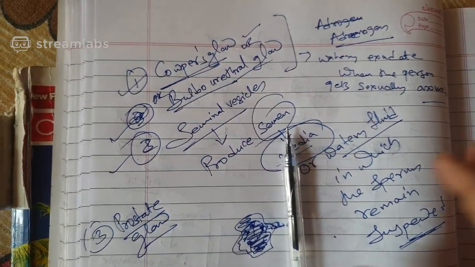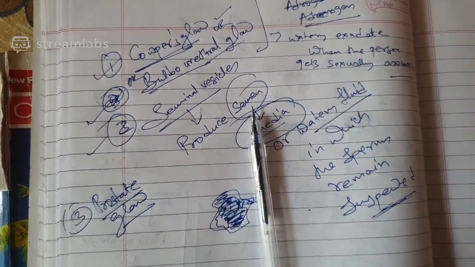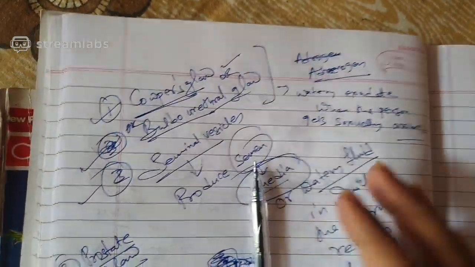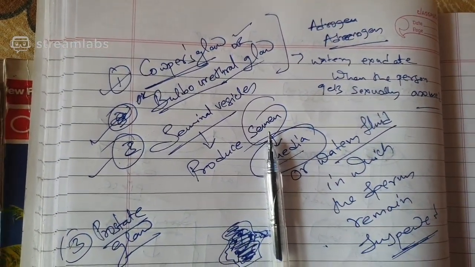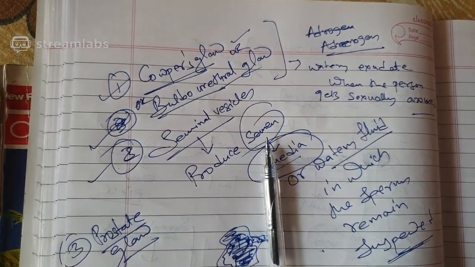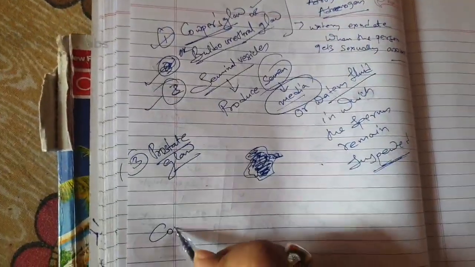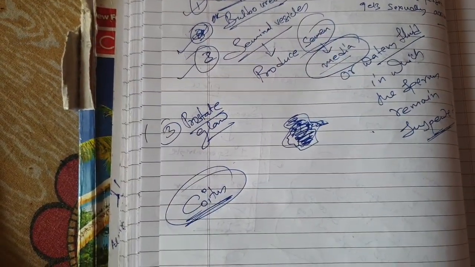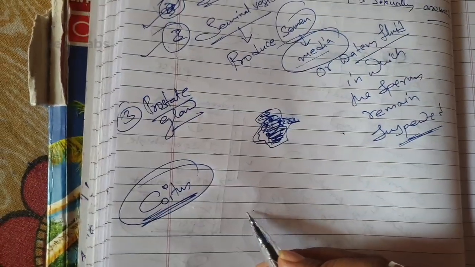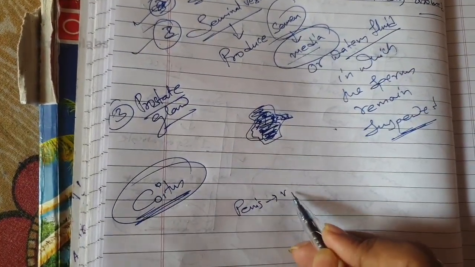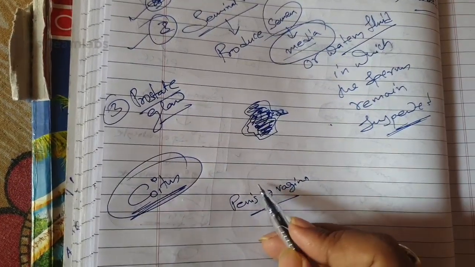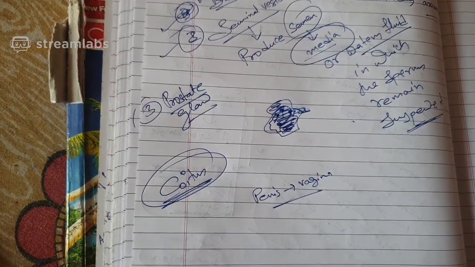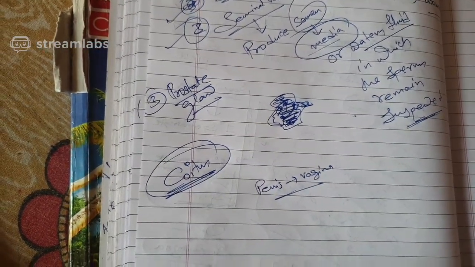Even if the penis has become erect, if he doesn't perform the coitus, that is the actual insertion of the penis inside the vagina, the sperm is not released.